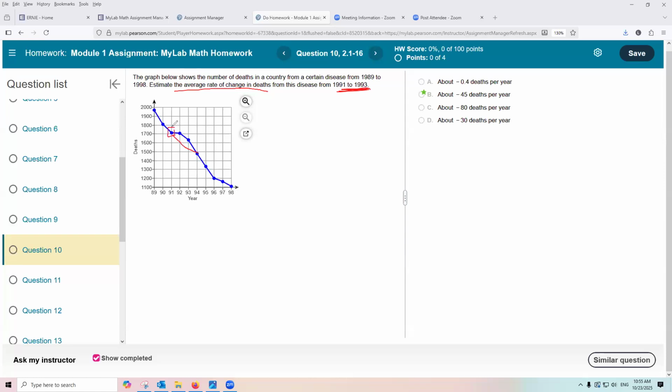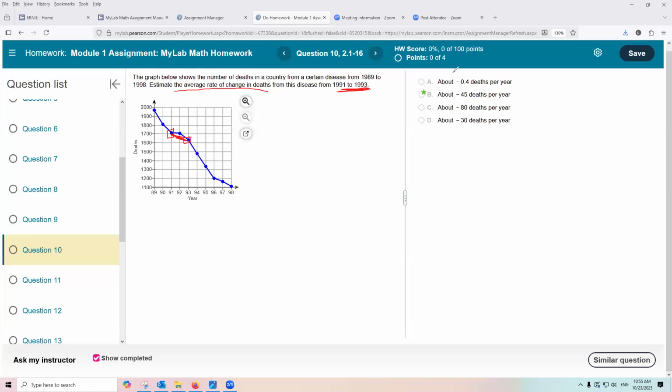Here's 1991. Here's 1990. Oops, I'm sorry. I messed up here. Let me erase this. Here is 1991, and here is 1993. So they're asking me to find the slope of this red line.